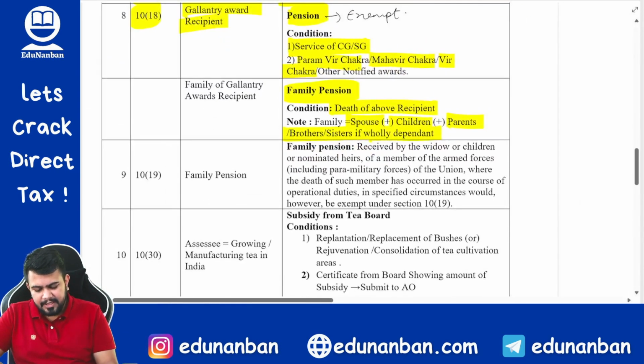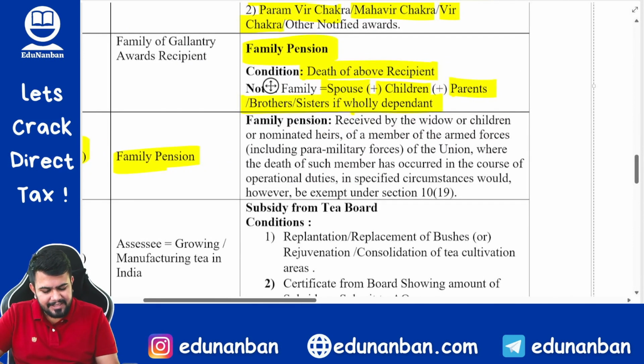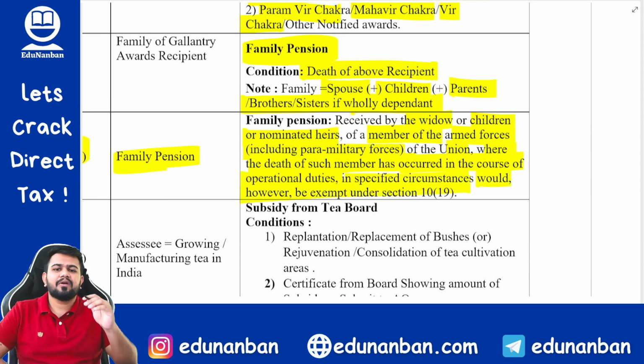Next, section 10 clause 19, family pension. So family pension received by the widow or children or nominated heirs of a member of the armed forces including paramilitary force of the Union, where the death of such member has occurred in the course of operational duty in specified circumstances, would be exempt under section 10 clause 19.